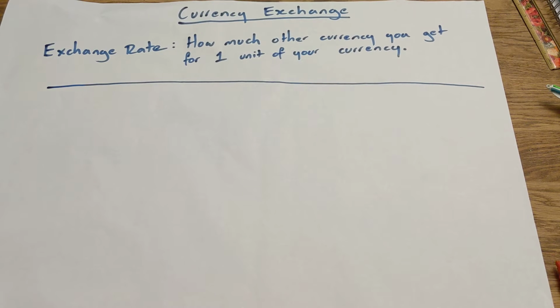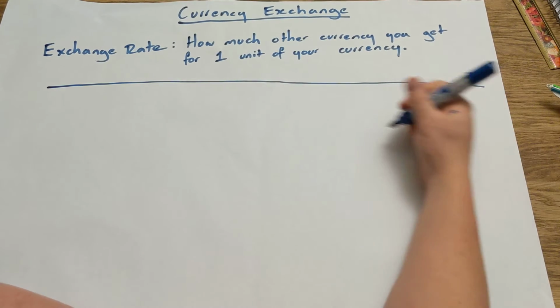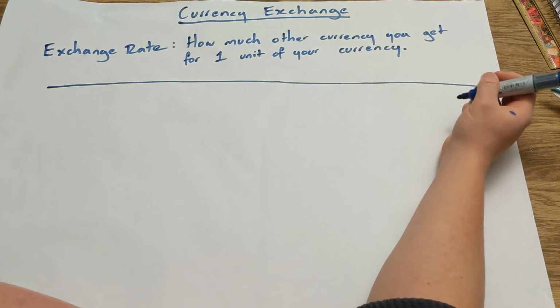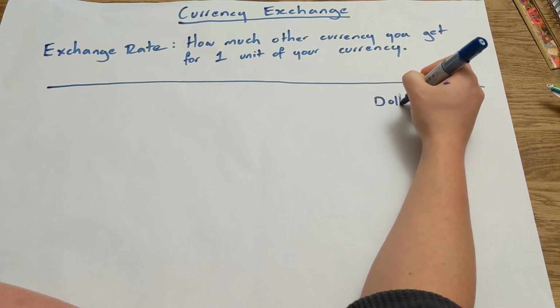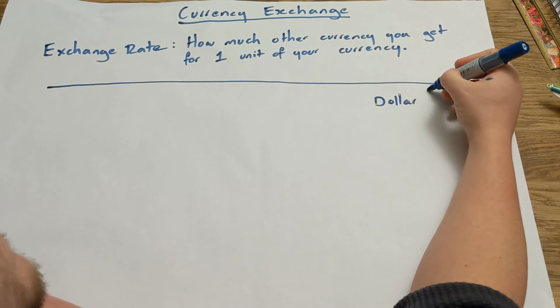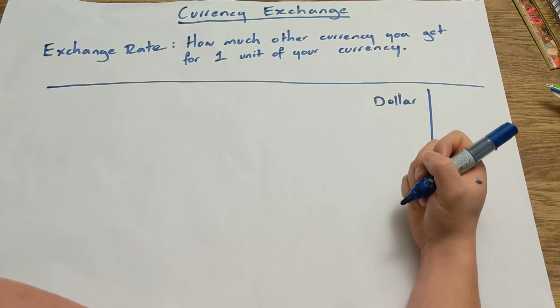But you've probably seen boards like this before anyway. They basically look like a table where they will give a currency like dollar, and then there'll be a number next to it, and that's the exchange rate.